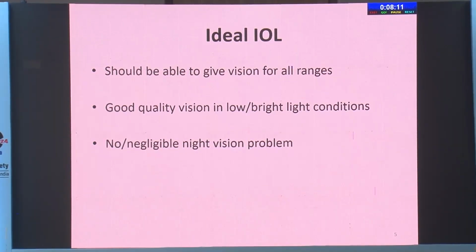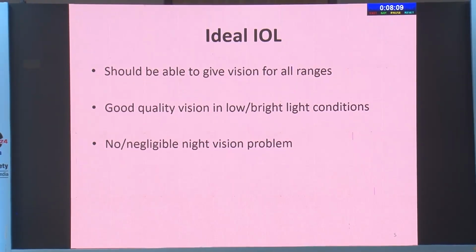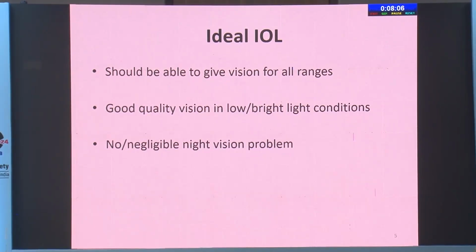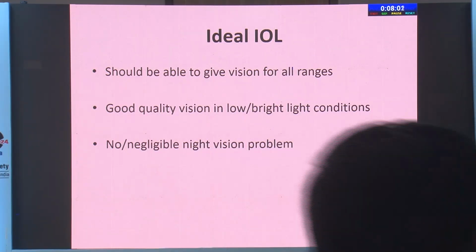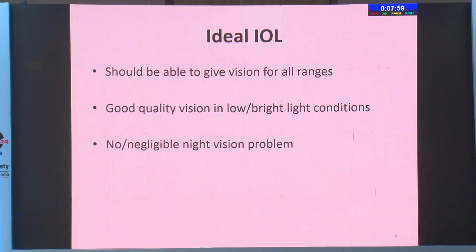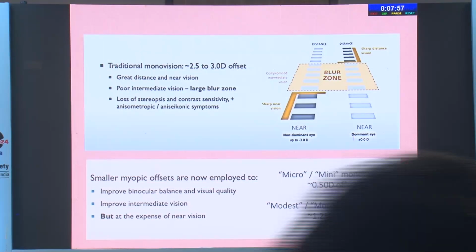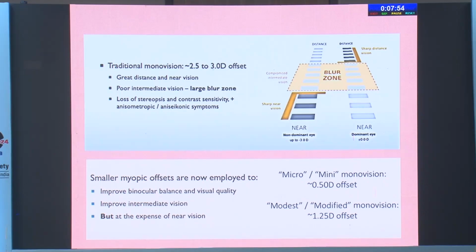So what should an ideal IOL be? It should be able to give vision for all ranges, should give good quality of vision in low or bright light conditions, and there should not be any night vision problems. Traditionally, before the advent of trifocal or EDOF lenses, we used to use some kind of offset in the IOL power calculation, which is called monovision, to make patients who wanted some near vision happy.